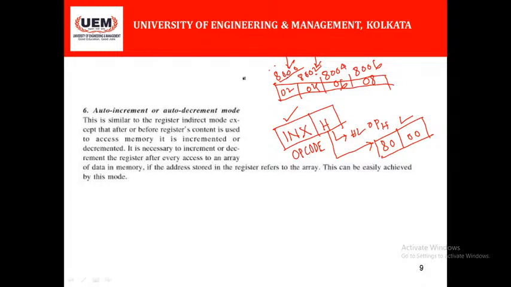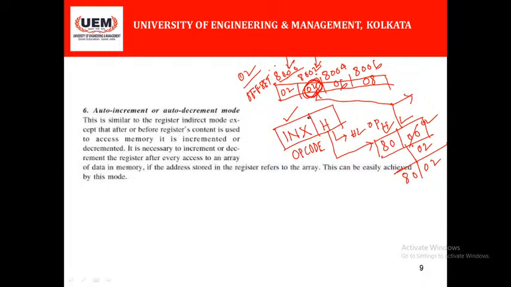The difference is 02, so 02 is the offset. So the HL register pair value will be incremented by the offset. So 80 is now the value of H and 02 will be the value of L. That means now we are pointing to the data 04.